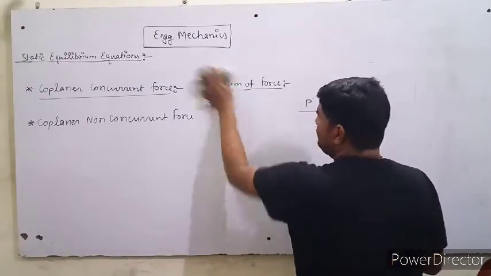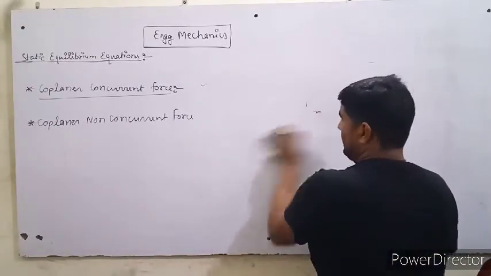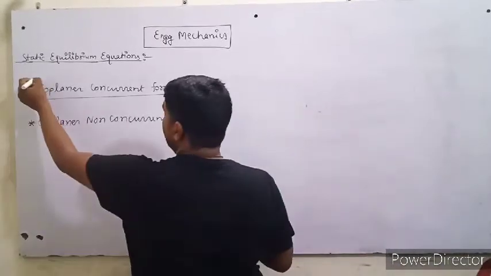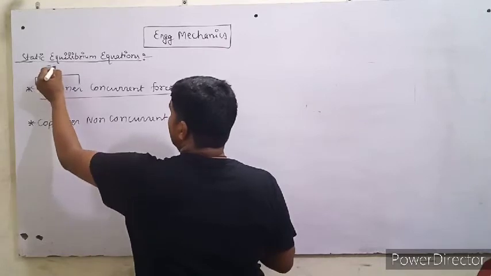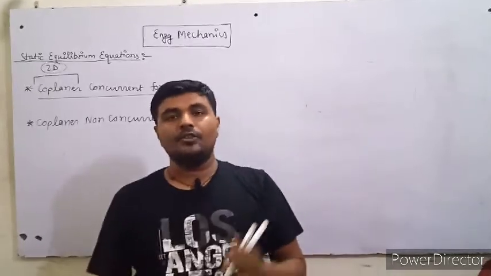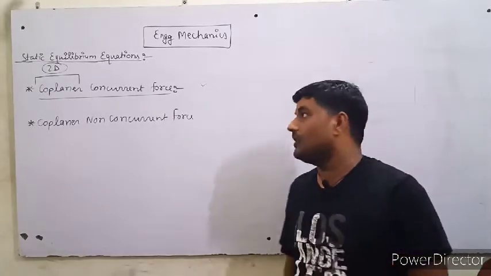So students, here coplanar means we generally deal with only and only 2D, means generally we will be considering a two-dimensional state of equilibrium.